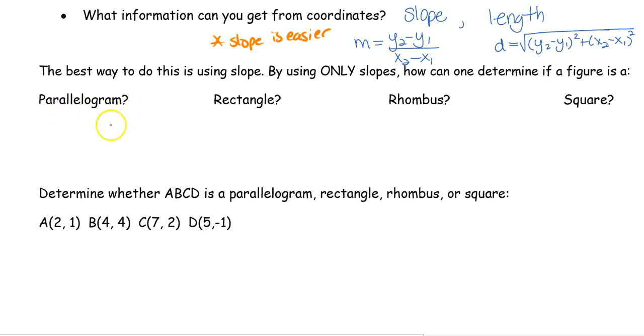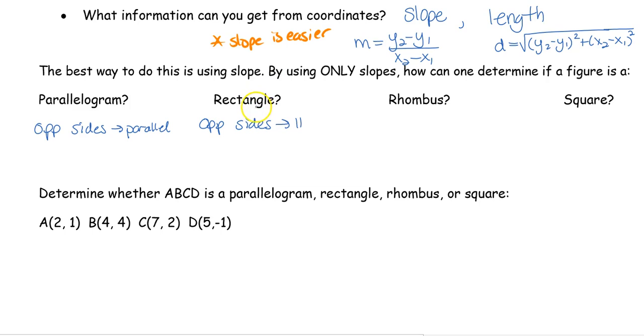So what do we know about a parallelogram? We know opposite sides are parallel. What do we know about rectangles? Well, because a rectangle is a parallelogram, we do know that opposite sides are parallel as well.